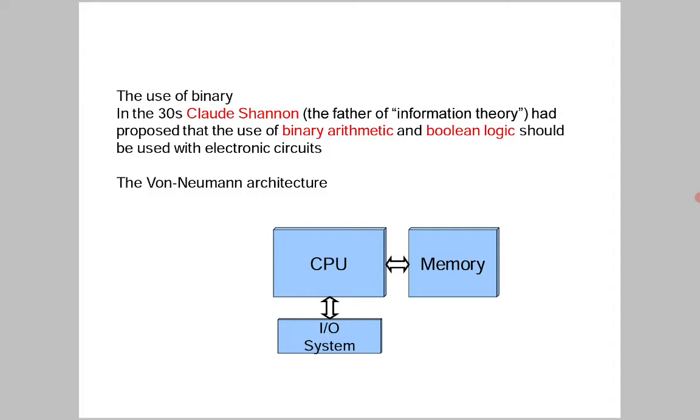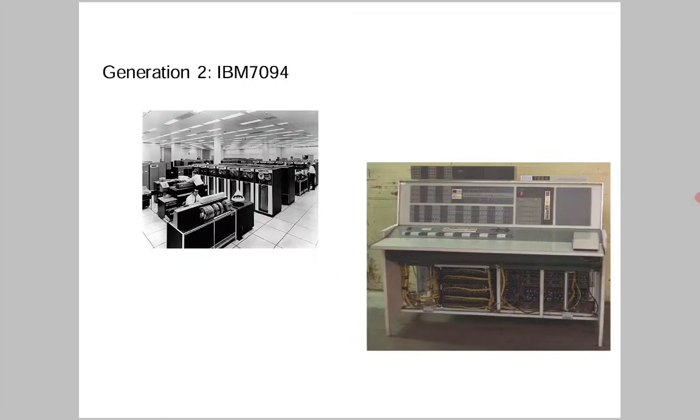This is the diagram of a basic computer, the working of a first generation computer. The CPU, memory and IO systems are interconnected with each other.